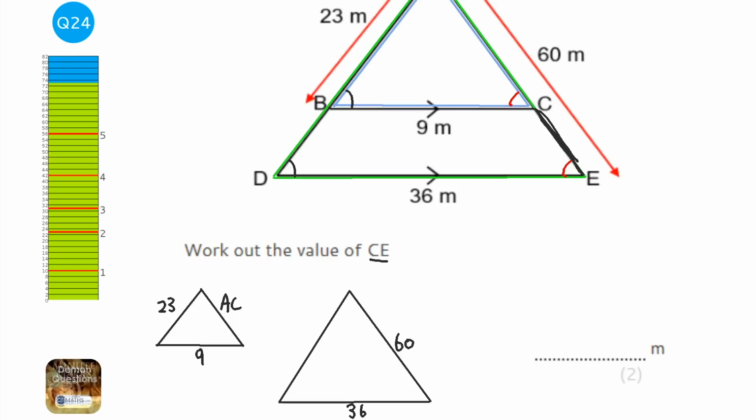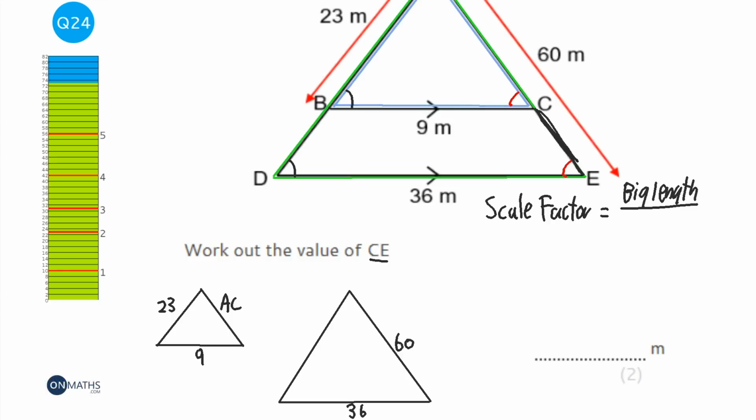Okay, to do that I need to work out what the scale factor is. And for the scale factor, all you need is a length on both of the triangles which is corresponding, which means it's the same position on the two different triangles. And to do that, we do the big length over small length.